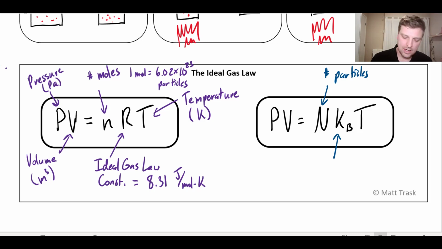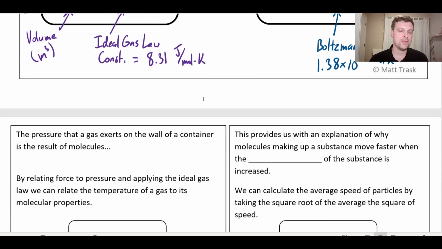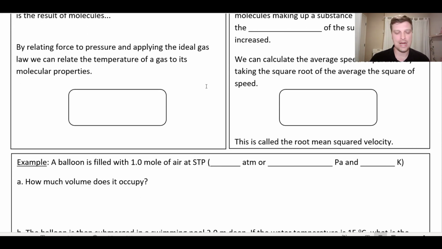And k_B is just a different constant called Boltzmann's constant. And it has a value of about 1.38 times 10 to the negative 23, and that is measured in joules per Kelvin.